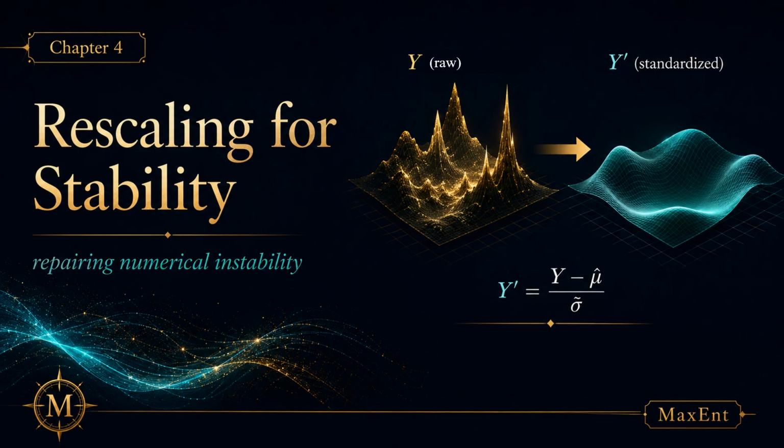What this can do is cause the larger scale data and parameters to dominate the behavior of the optimizer. And that can lead to a very unstable loss surface, like shown in the center of the slide, the yellowish Y there.